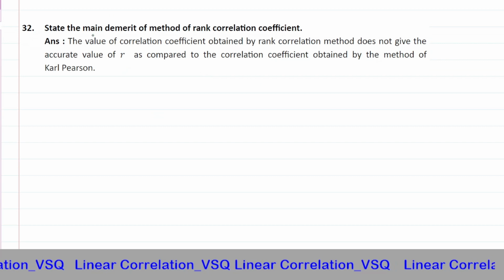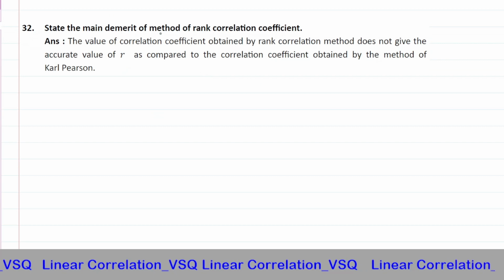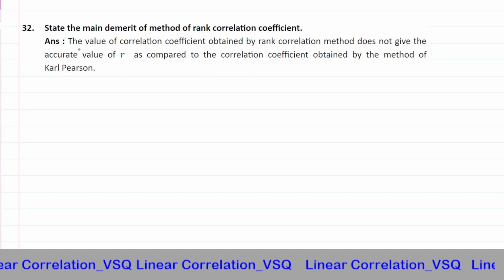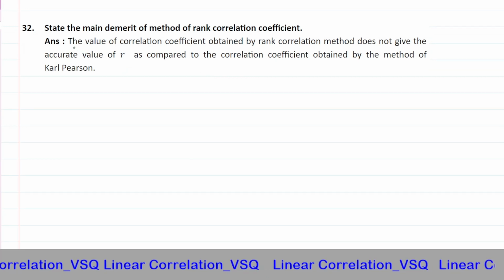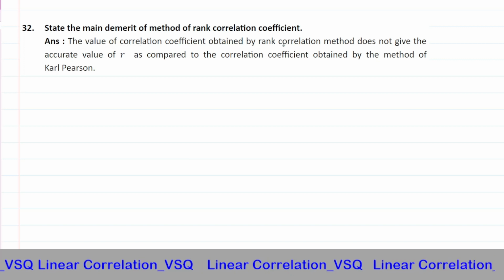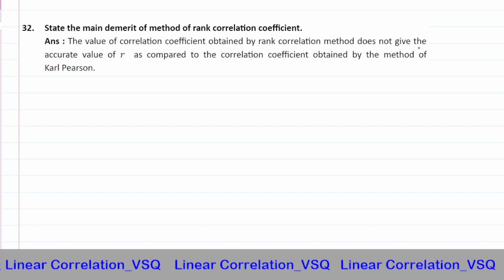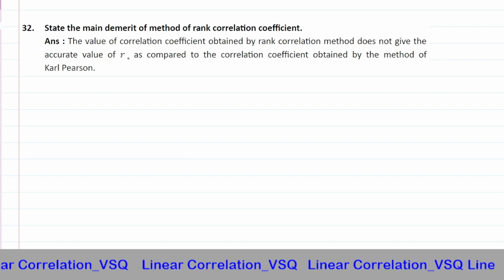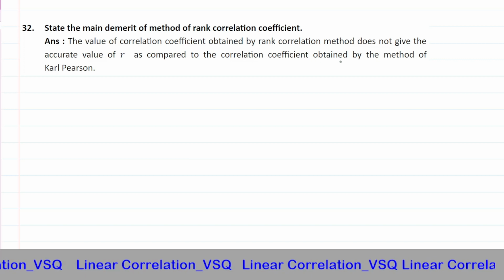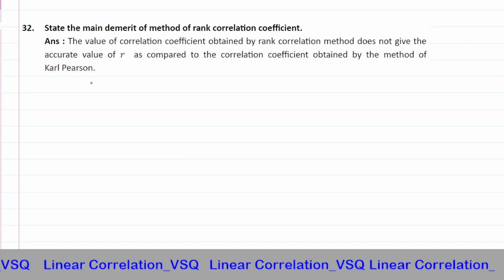Question number 32. State the main demerit of method of rank correlation coefficient. See, what is main demerit of rank correlation? The value of correlation coefficient obtained by rank correlation method does not give the accurate value of R as compared to the correlation coefficient obtained by the method of Carl Pearson.